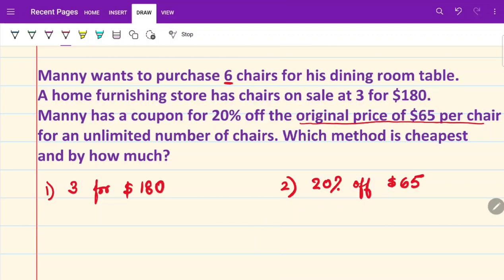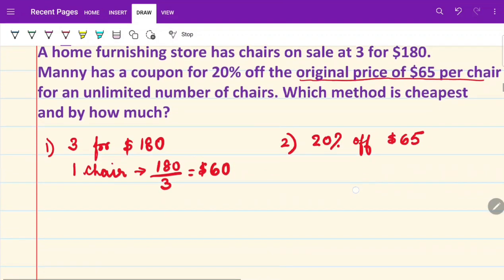All right. So let's look at the first method. It says 3 chairs for $180. Therefore, 1 chair, using the first option of purchase, would cost $180 divided by 3. So that would be $60 per chair, correct?